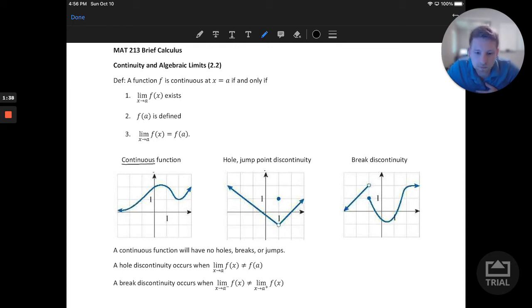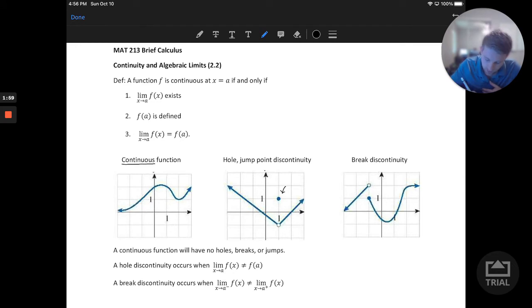The middle graph will have a hole or jump point discontinuity in the graph, and so we see where this little hole pops up and it's not part of the continuous line. It's defined somewhere else other than where, again, that limit value would be expected to be.